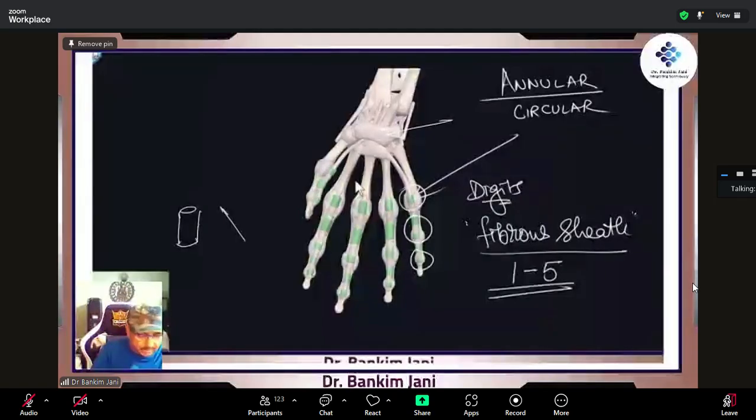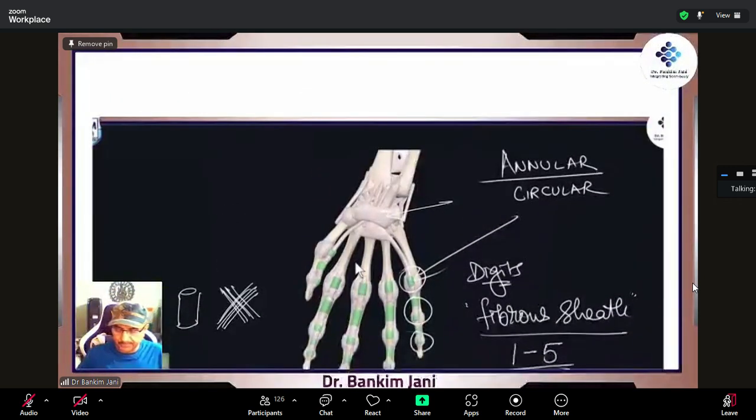And the second one is the crisscross. This crisscross is deep, and on top of it, the tape has been applied. So this outer one is the superficial one. This is called the annular. Annular means circular, so you can consider that they are like those tubes. Through these tubes, all the ligaments will be traveling.